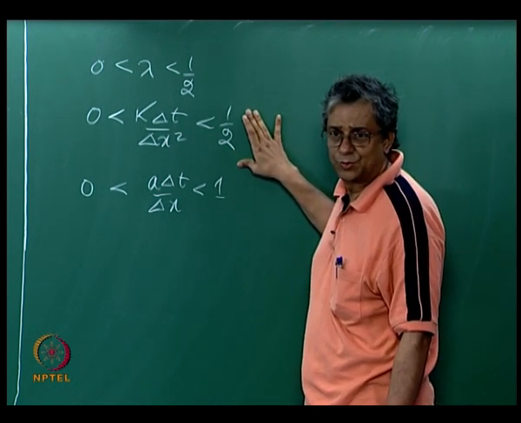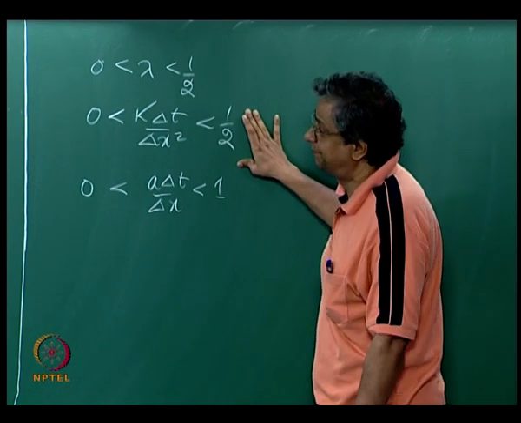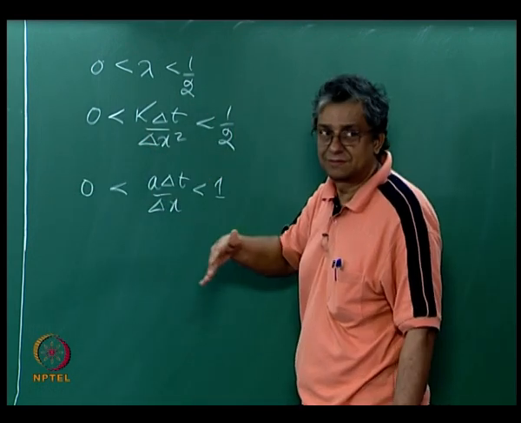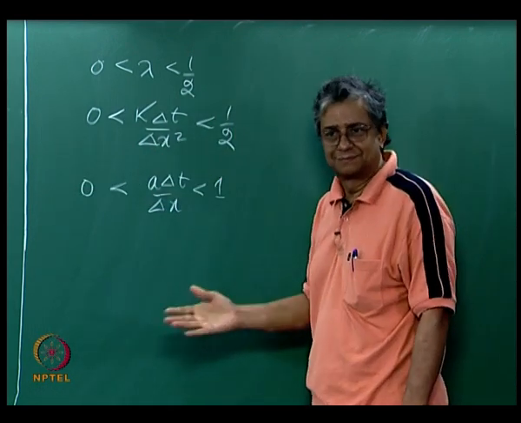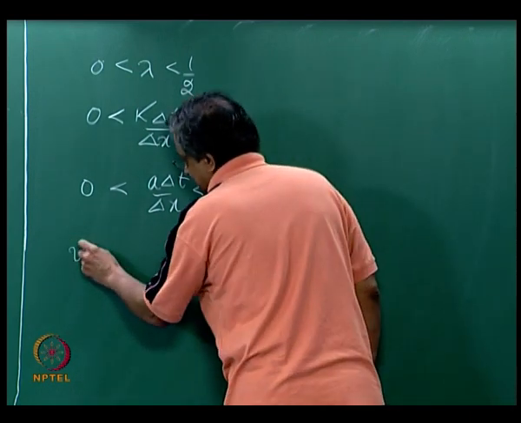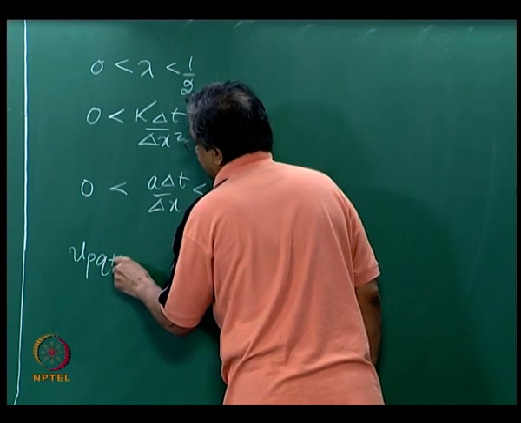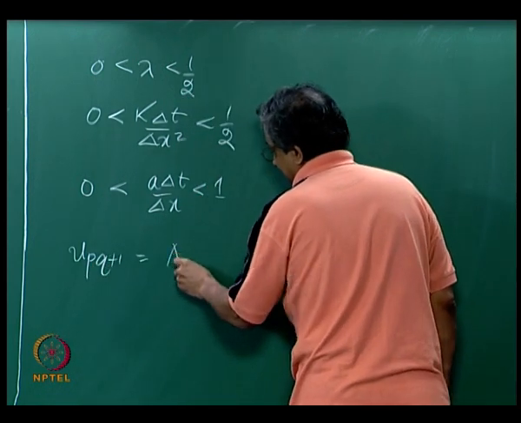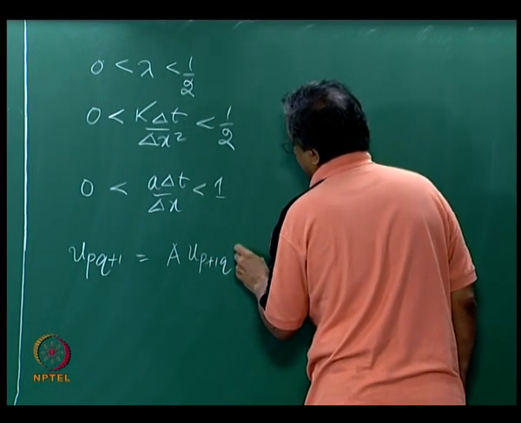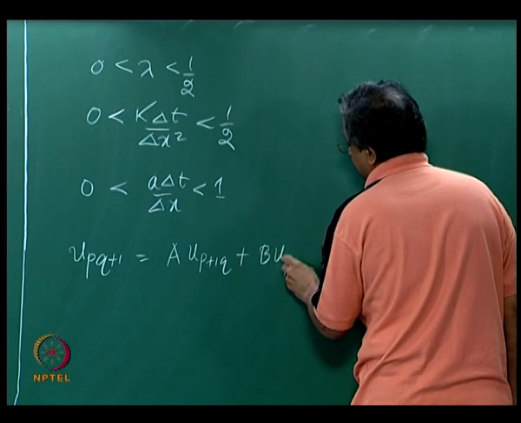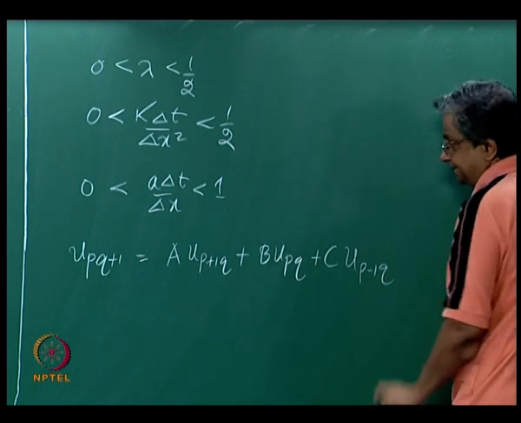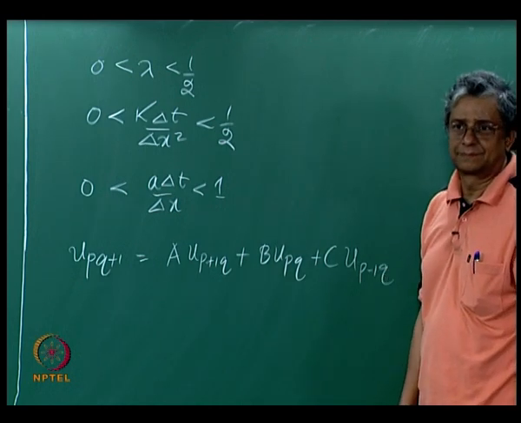Fine, okay. Of course, in general, the general explicit scheme using 3 points seems to be of the form U_p^(q+1) is some A times U_(p+1)^q plus B times U_p^q plus C times U_(p-1)^q. Am I making sense?